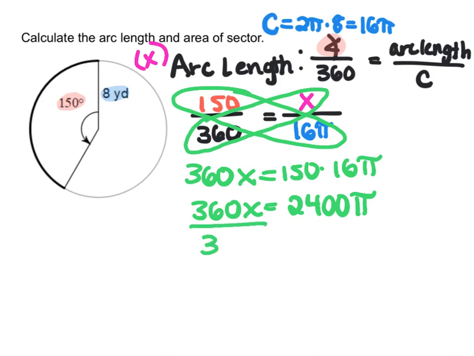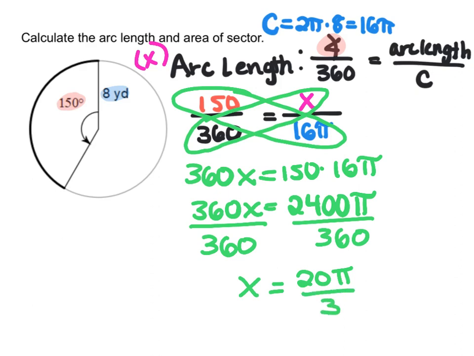And then if we divide both sides by 360, it gives us 6.6 repeating, which if I simplify as a fraction, becomes 20 pi over 3 yards.